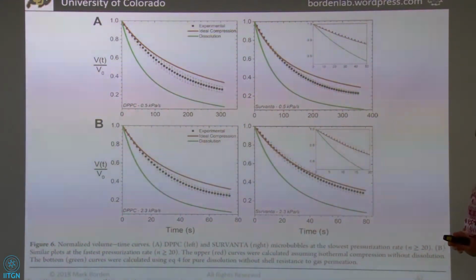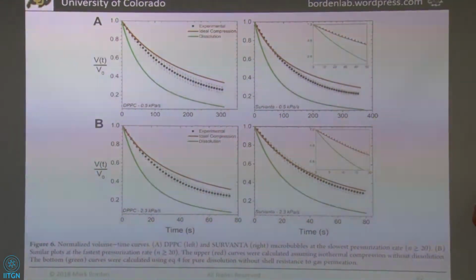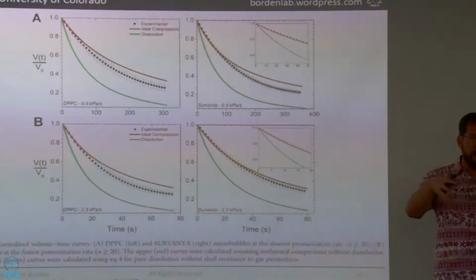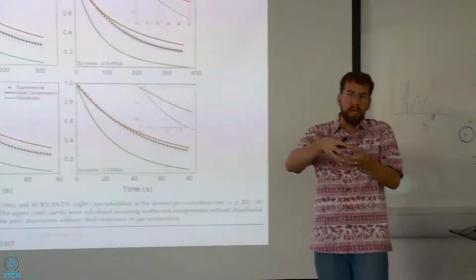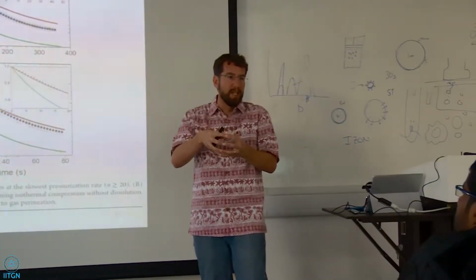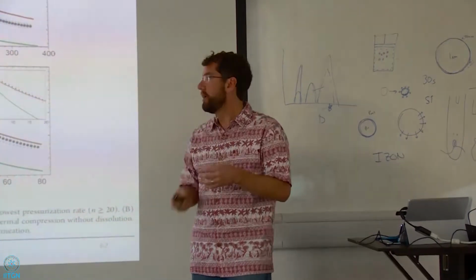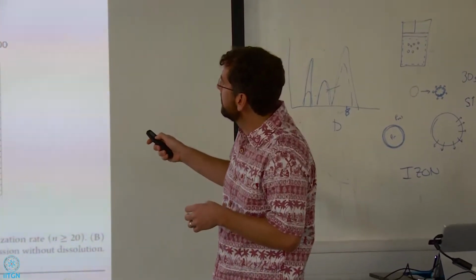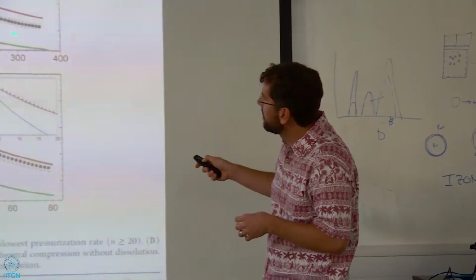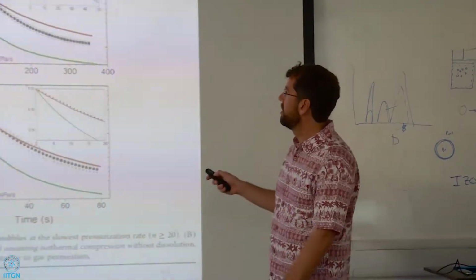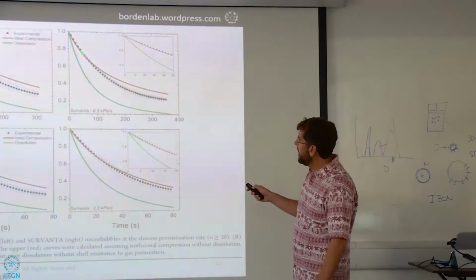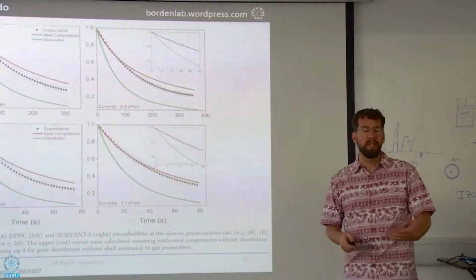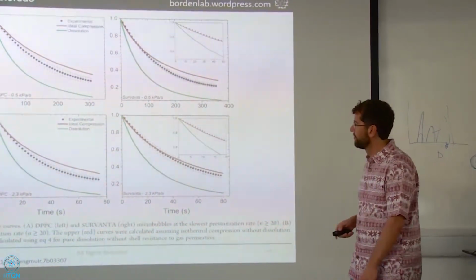Right? It's not really a negative surface tension because there's no such thing as a negative surface tension. But it's a mechanical rigidity, that some of the stress from the outside pressure is going into the shell. The shell is sustaining some of that stress. Now it doesn't happen throughout the entire curve. Or if it does happen, eventually the gas core starts to dissolve.